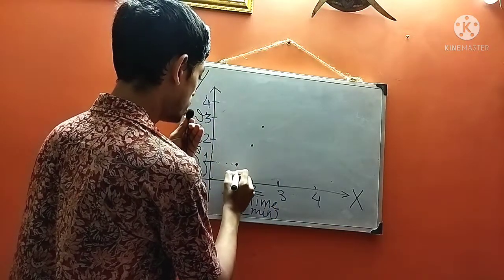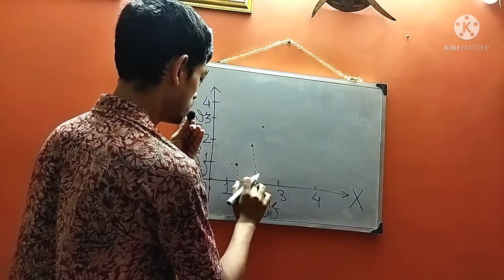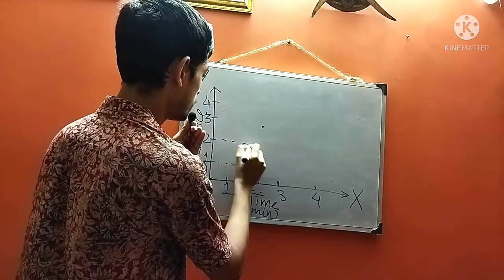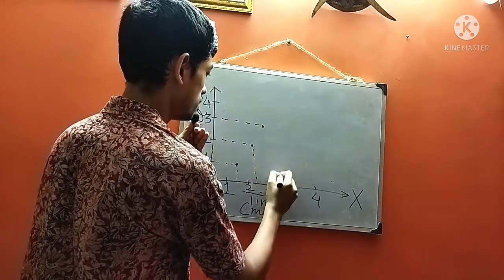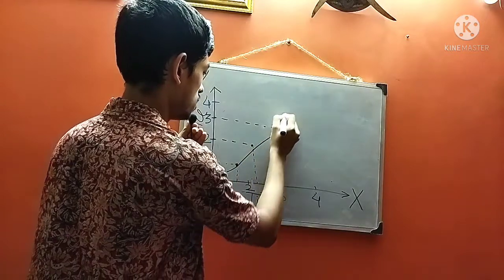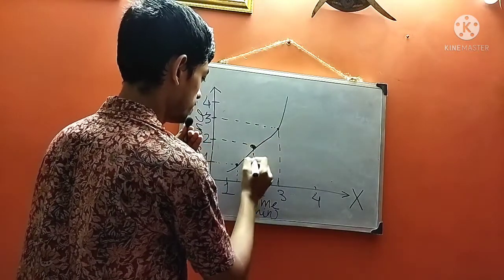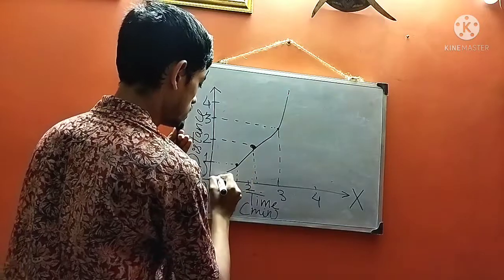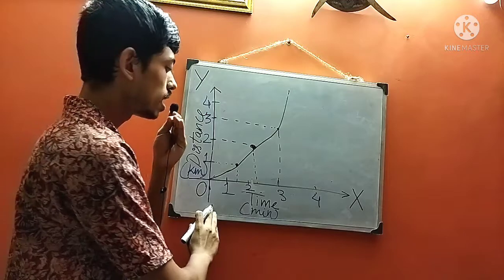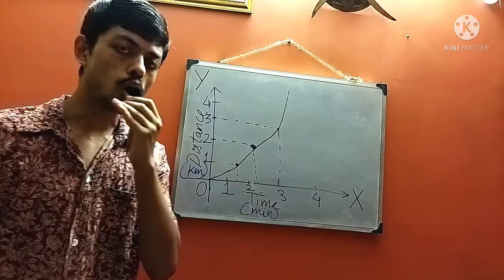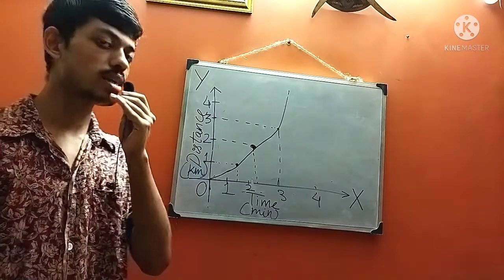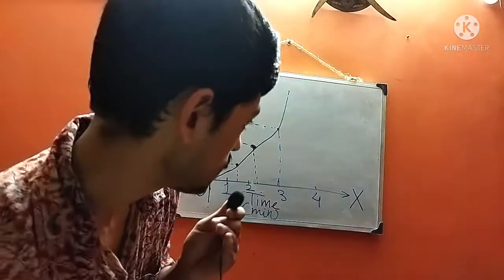So if we plot the graph, we would get a curved graph. What, students? A curved line graph. So an object moving with non-uniform speed would show a curved graph.